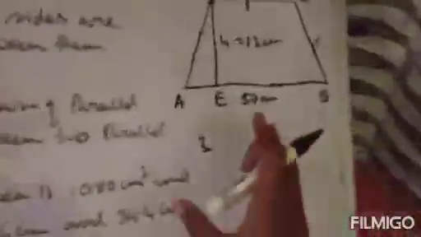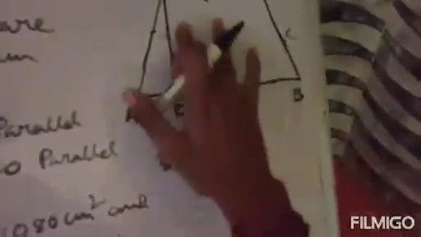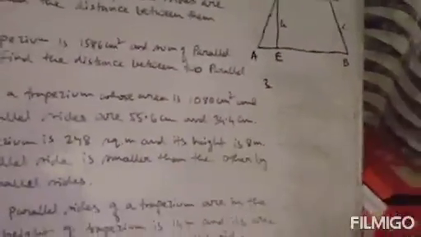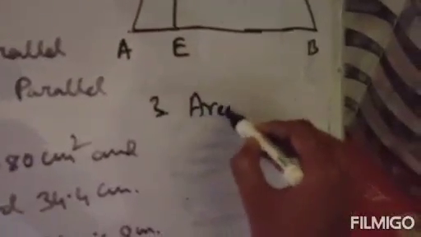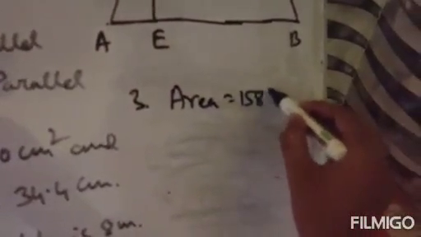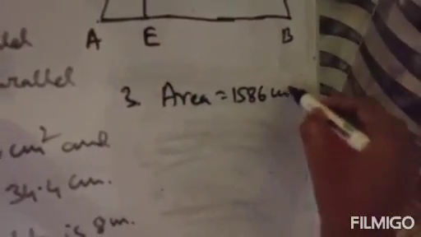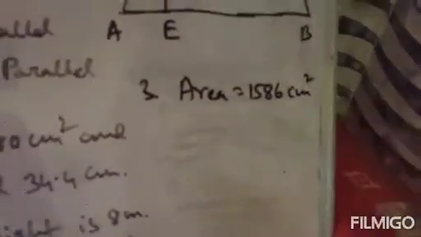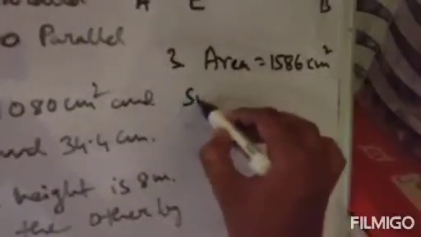So the diagram will be same. Just erase this data. So diagram will be same. Now this is height h, or distance between two parallel sides. So area of the trapezium is given as 1586 centimeter square, and sum of parallel sides is given as 122 centimeter.